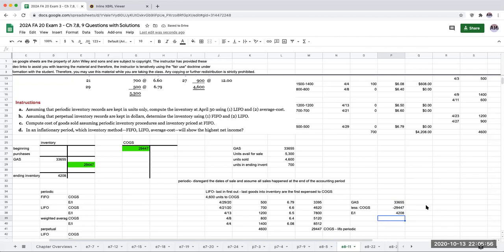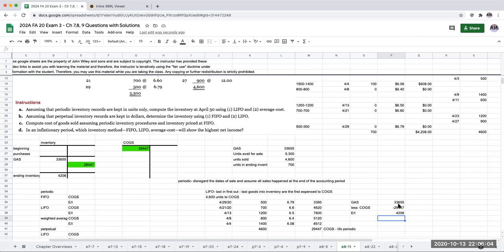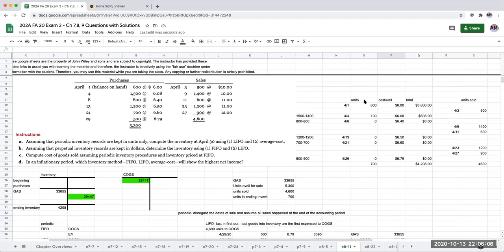Now, as you're going through this, there would be a much easier way for me to do this, and that is because so many units were sold. I could have said, if all these are going to be gone, what's going to be left? My ending inventory is going to be 600 at 6, and 100 at 6.08.